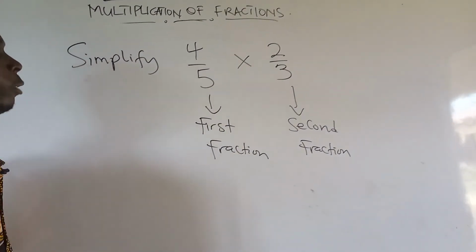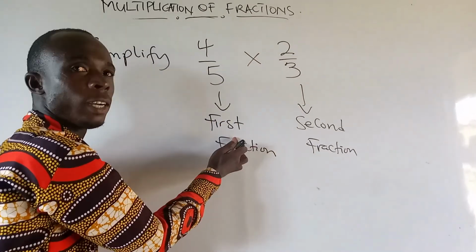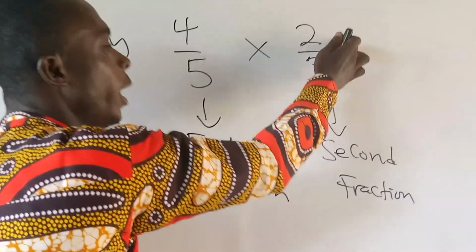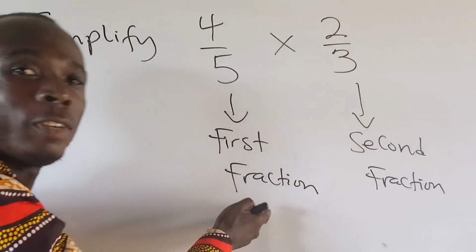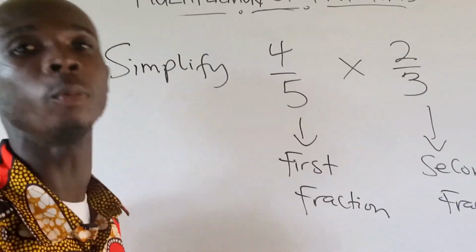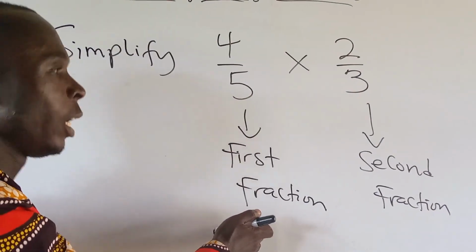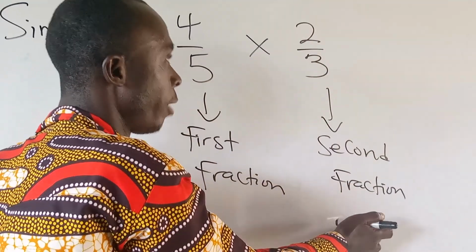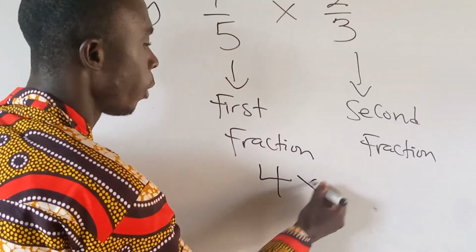To solve this, you multiply the numerator of the first fraction by the numerator of the second fraction. That's why I wrote first fraction and second fraction. I want it to be simple. So we have 4 times 2.